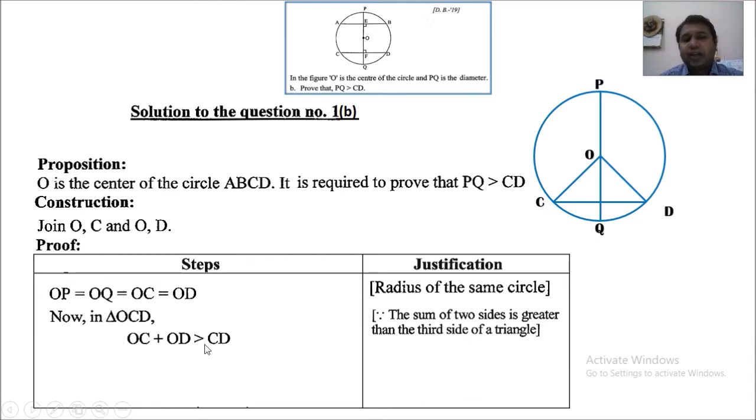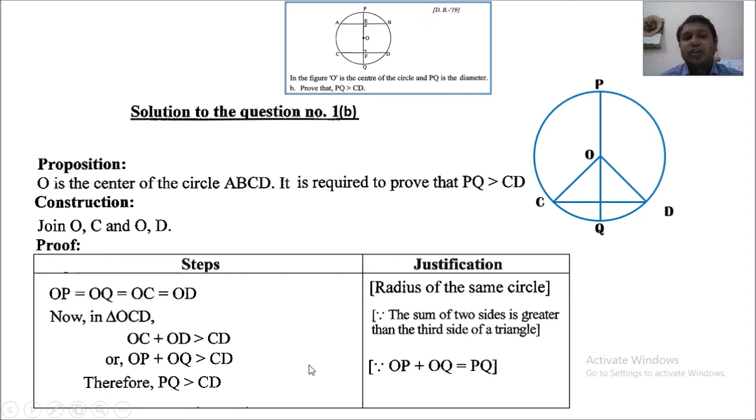So if I replace OC by OP and OD by OQ, we get OP plus OQ greater than CD. OP plus OQ means PQ. So PQ is greater than CD. Proved. This is very easy geometry from your book.